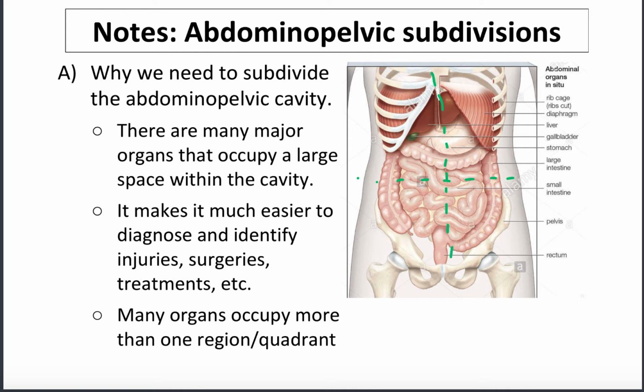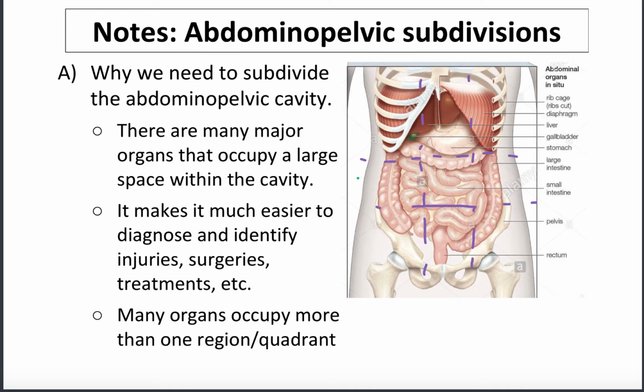It could be lines that divide it into 4 parts, or it could be lines that divide it into 9 parts. But either way, we want to do these subdivisions because the abdominopelvic cavity, if you recall from the last lesson, is one of the largest cavities. And again, a cavity is an opening in your body for organs. And it's the cavity that contains the most diverse amounts of different organs.